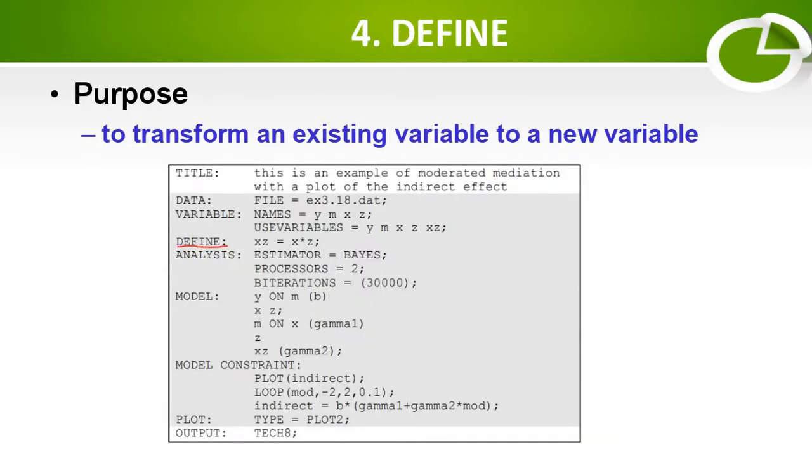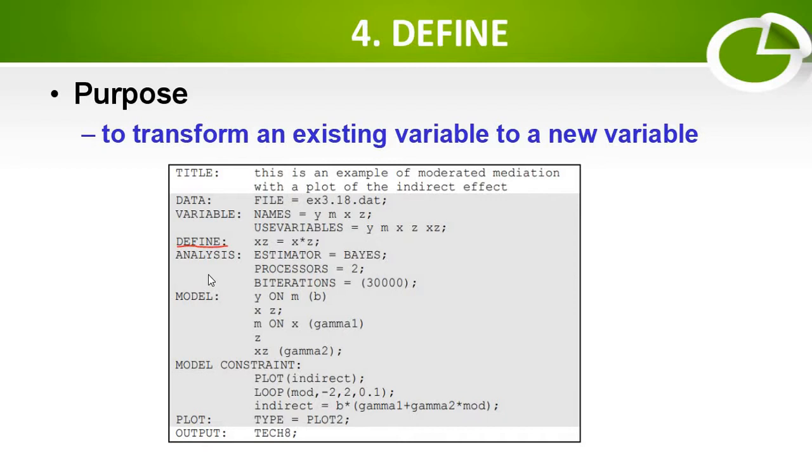Fourth one is define. This command is used when you have to create a new variable by using some existing variable or existing variables. For example, in case of moderation, you need to create an interaction variable by multiplying the independent variable with your moderating variable. And then how do you do it?